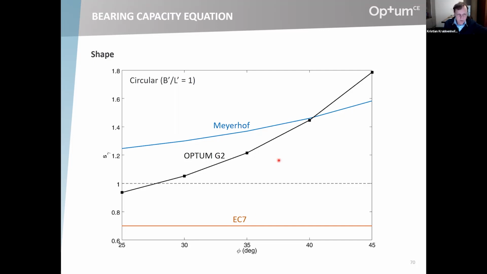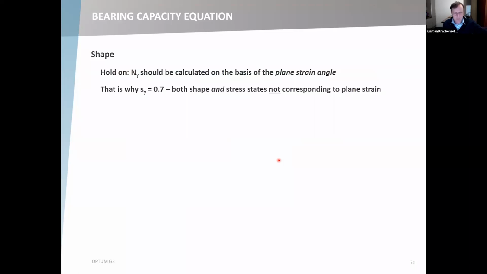There are people who would disagree with that, though, because those people would say that when we calculate N gamma, we should calculate it on the basis of the plane strain friction angle. The idea being that the bearing capacity equation was developed with reference to plane strain conditions, so N gamma and all the other factors involving the friction angle should make use of the plane strain angle.